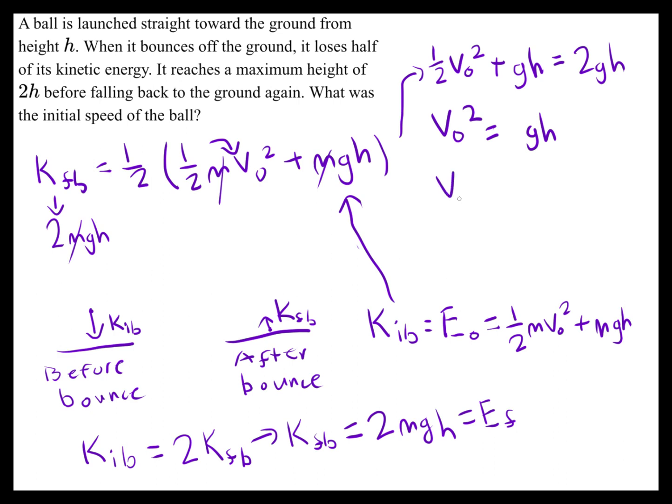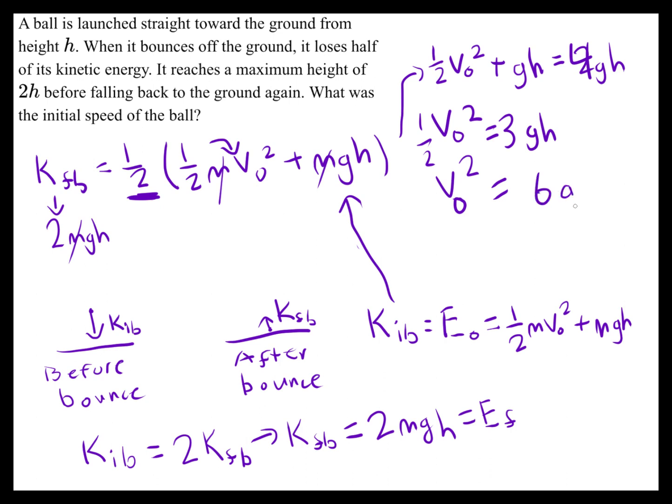Oh wait, sorry. I forgot to multiply this to the other side first. So this is actually going to be 4gh, and this is going to be 3gh. So the initial velocity squared is actually going to be 6gh.